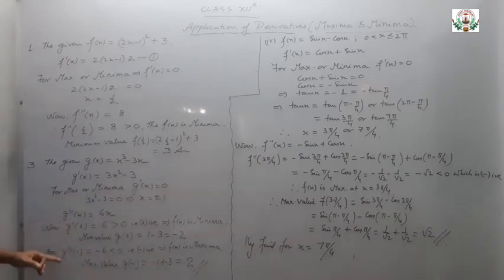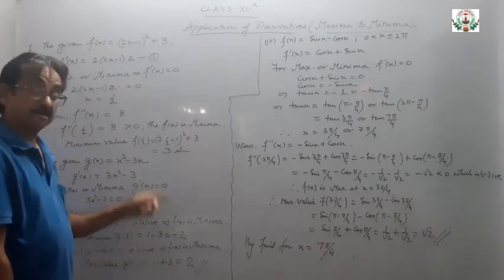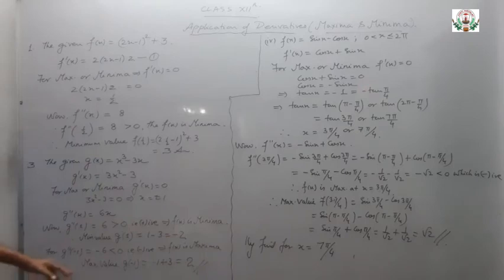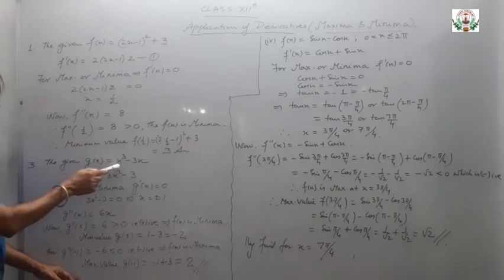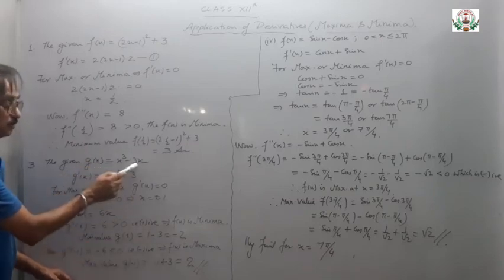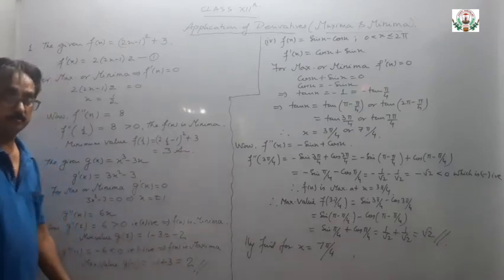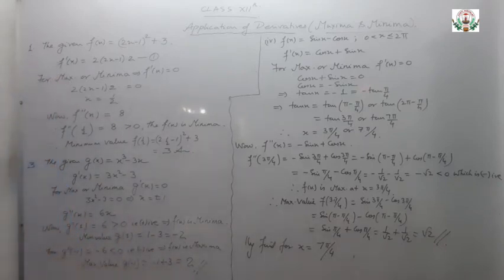Check g double dash of minus 1: minus 6, which is negative, less than 0. In case of a negative second order derivative at that point, the function is maximum, and the maximum value we get by substituting x equals minus 1 in the given function. So minus 1 cube, minus 1, minus 3 into minus 1, plus 3, minus 1 plus 3 equals 2. So that is its maximum value.